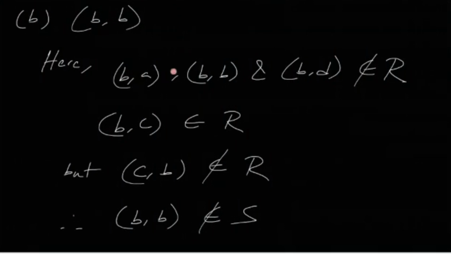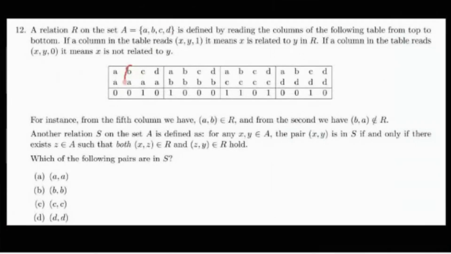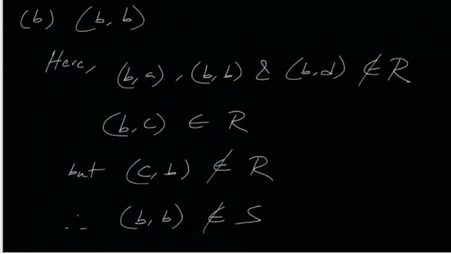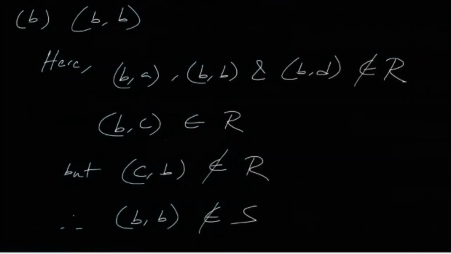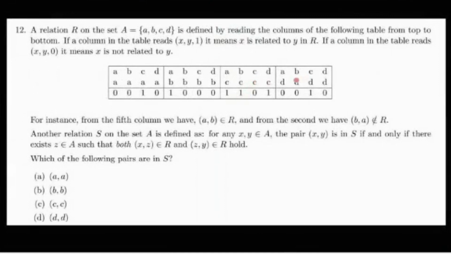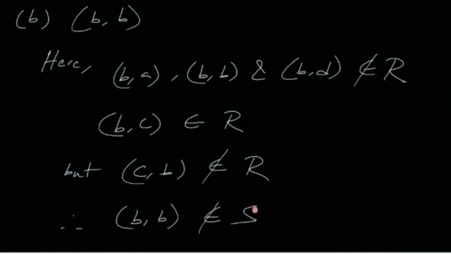Here (B, A), (B, B) and (B, D) are all not members of R, since they are all 0. (B, C) is 1, so (B, C) belongs to R, but (C, B) doesn't belong to R, because C, B is 0. So there is no (C, B) in R. Therefore, (B, B) does not belong to S.